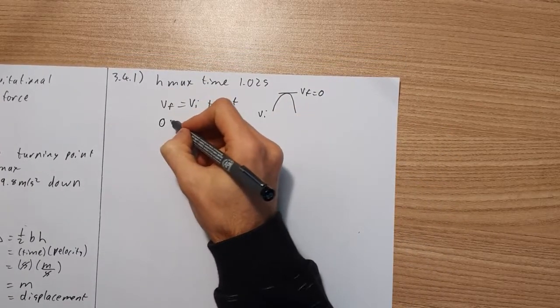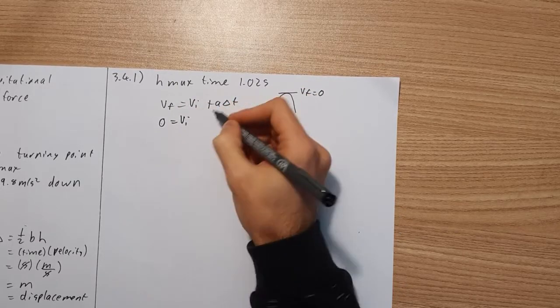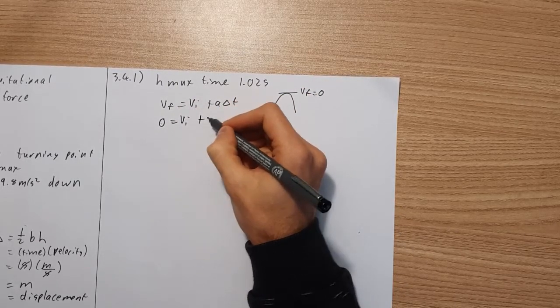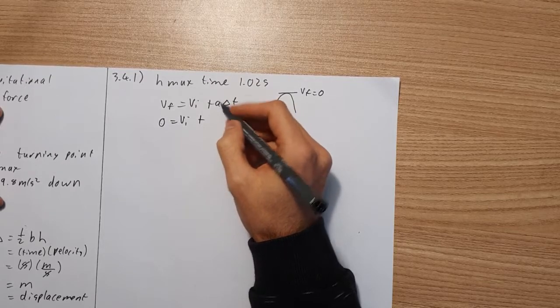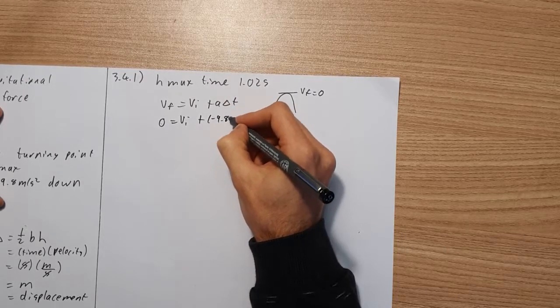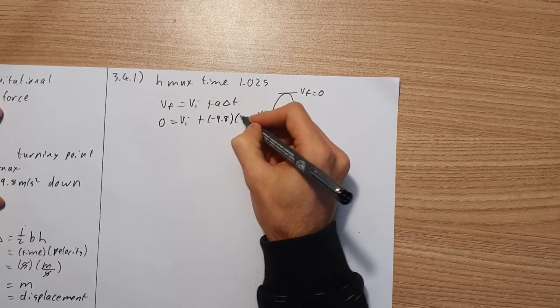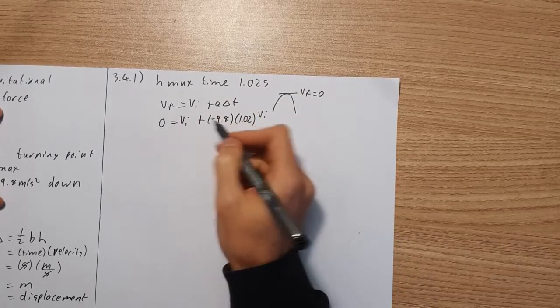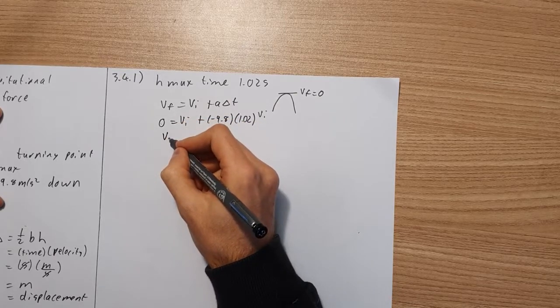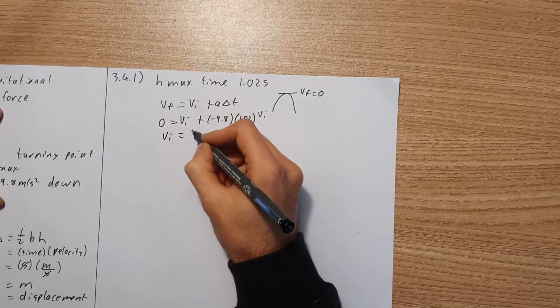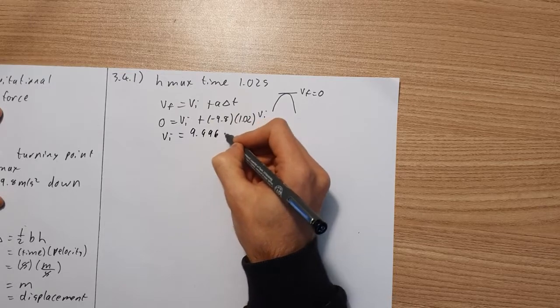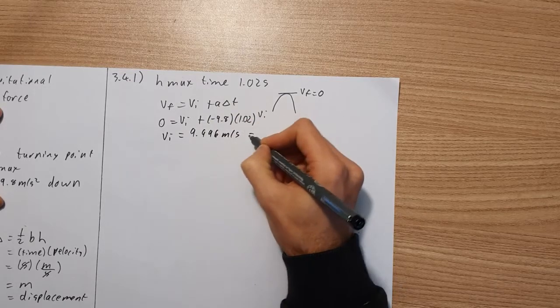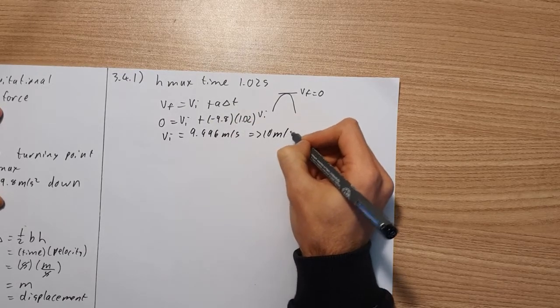So 0 equals v initial, with my acceleration being negative 9.8 meters per second squared, and my time 1.02 seconds. When you take this across, it becomes negative, so v initial is then going to be 9.996 meters per second, but we can round that up to 10 meters per second.